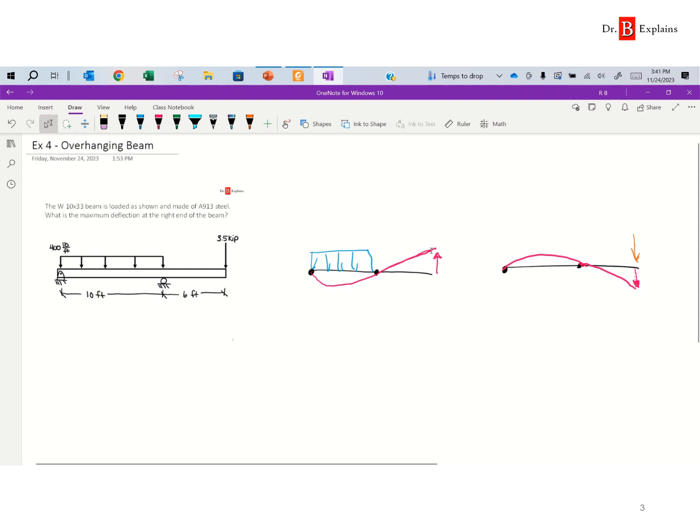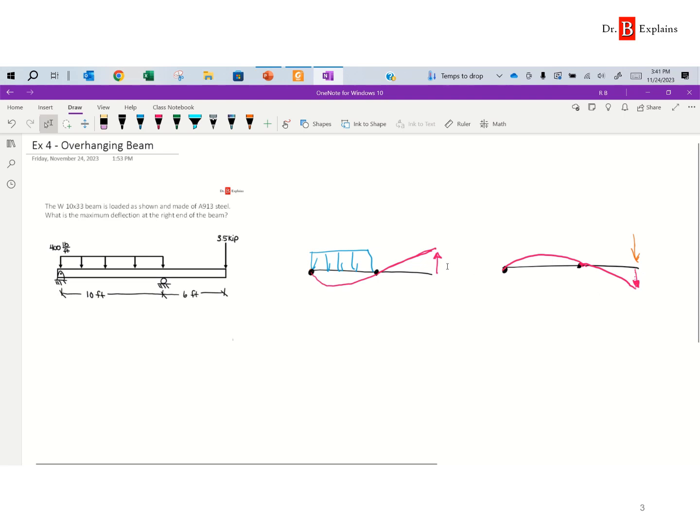Now, if we look at the case for the point load, 3.5 kips, which I drew on the right-hand side, that force is concentrated down. So that right end of the beam is going to be deflected downward, and it's going to be concave downwards. The deflection is downward.